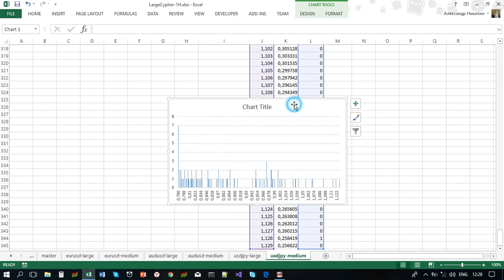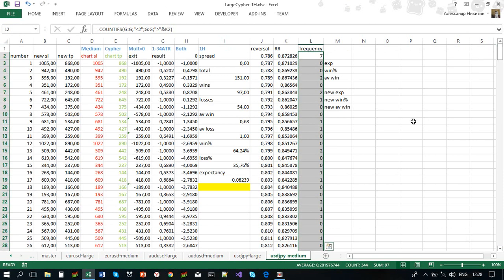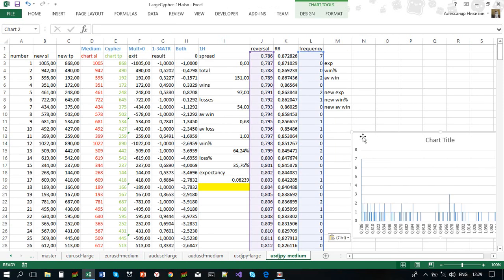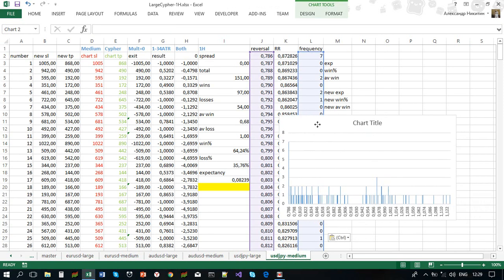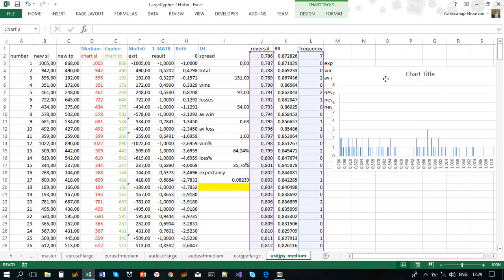Come on, okay, Control X, going higher, Control V. So you can see the chart here. The most common reversal is exactly at 786. You see that? It is the most common reversal.